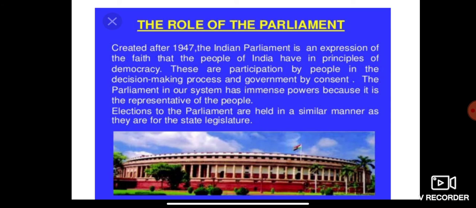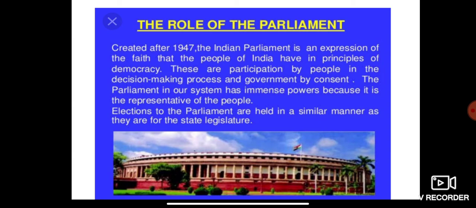Like parliaments all over the world, it makes new laws, changes the old laws, and makes new ones in their place. The parliament can amend the constitution too. They can change the constitution and bring about new laws. They can change the old laws as well. Those freedoms lie with the parliament.